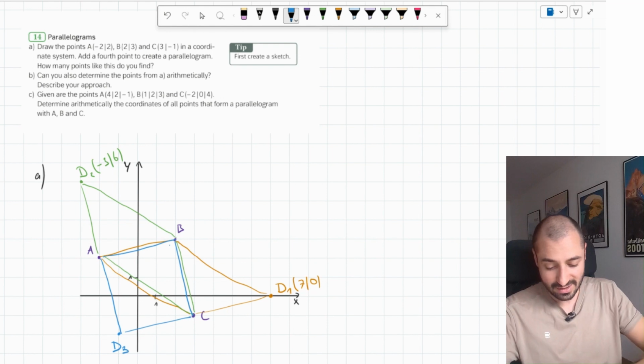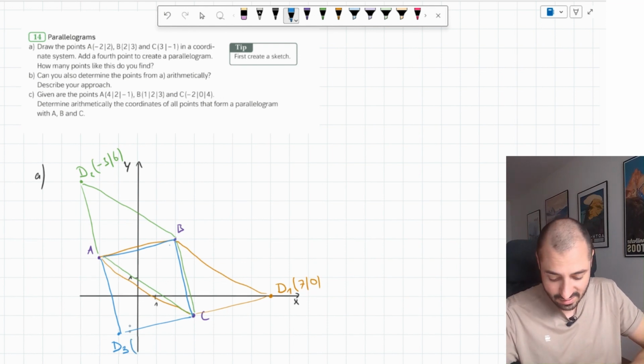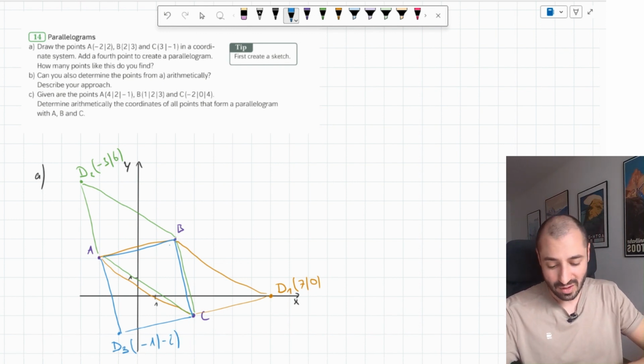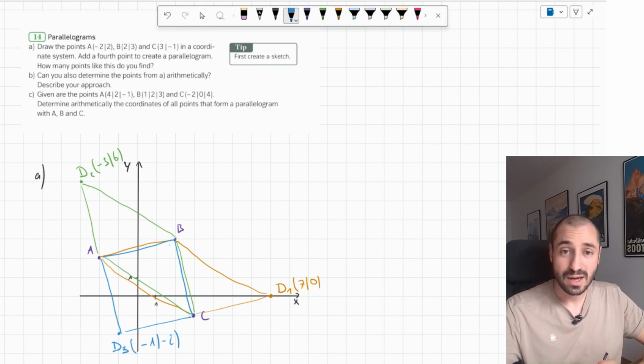So actually there are 3 points. The last one has coordinates (-1, -2). And for each of these points, we can form a parallelogram.